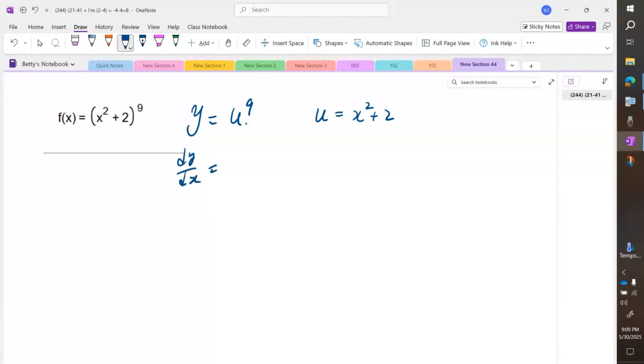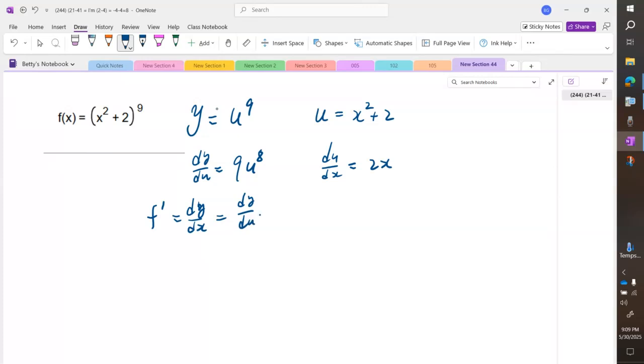dy/dx is dy/du times du/dx, right? So let's see what is dy/du. Power function, 9 u to the 8. du/dx is 2x. So the first derivative, dy/dx, which is f prime, equals dy/du times du/dx, gives 9 times u to the power 8th times 2x.